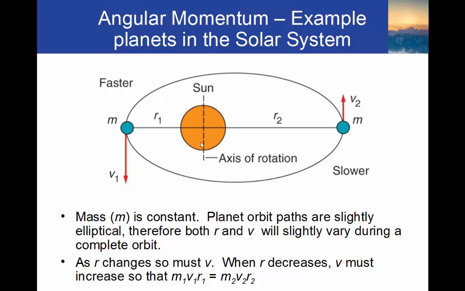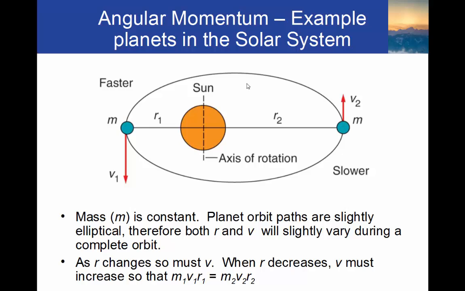And if you can stick your hand at the center and it's pointing in the direction of the radius and your other finger is pointing in the same direction as the velocity vector, then your thumb is pointing in the direction of the angular momentum.